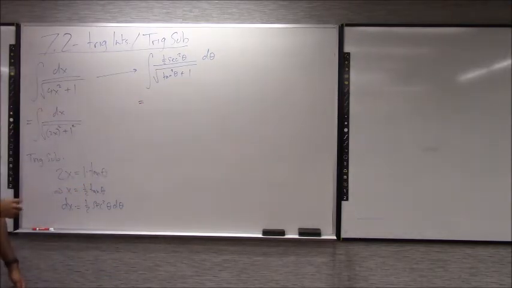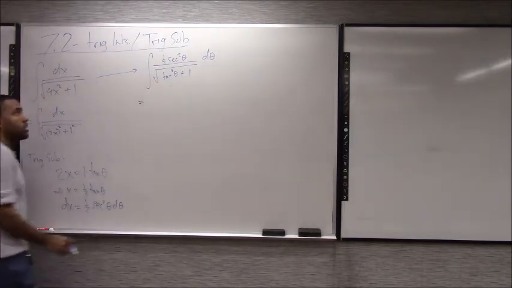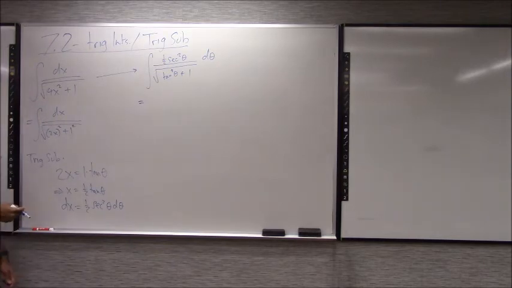Now what? No, we didn't integrate yet. We don't back substitute until we integrate. How would I integrate that? I just did a substitution, so I rewrote this function as that function. Now, how would I integrate that?